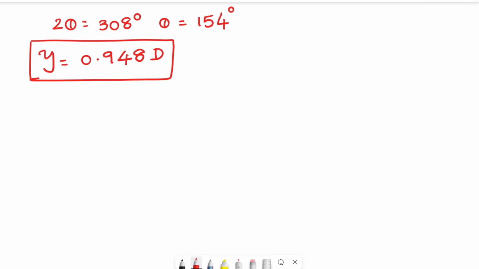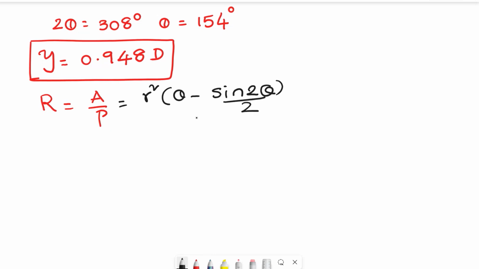0.948 diameter. So this is one we have derived. So the second condition, normally it is always R is equal to A by P. What is R? R is hydraulic radius, A by P. What is A? A is equal to R square into theta minus sine 2 theta by 2, divided by P, which is R theta.